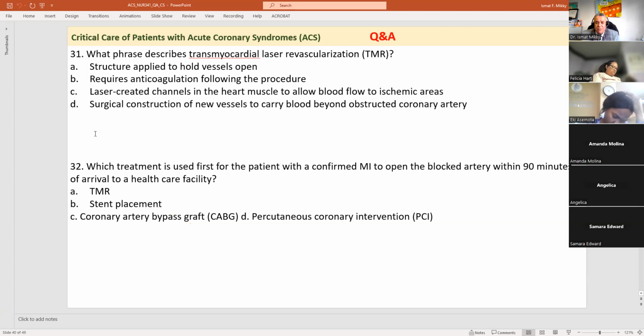All the cardiac PCI, percutaneous coronary interventions, including the angioplasty, the laser technology, rotablators, and others. So the answer for 32 would be D, PCI, because PCI is a broad term, and under this PCI we have many interventions. One of them is the angioplasty.